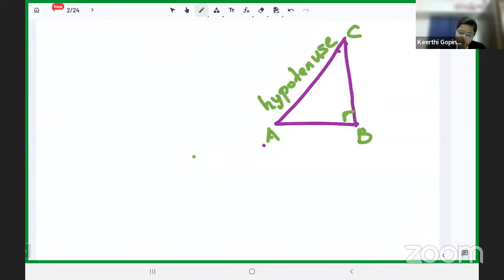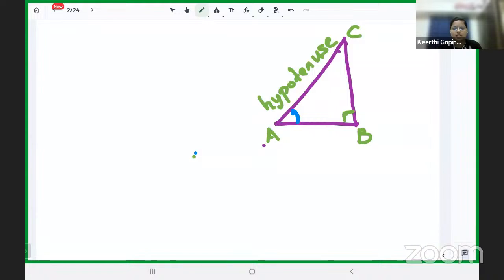Now, we are going to define the perpendicular sides AB and BC in terms of angle A. That is, we are going to connect angle A and the sides. This is actually angle CAB or it can be BAC, right? We name angles in that way, but here there is no other angle in that particular position.